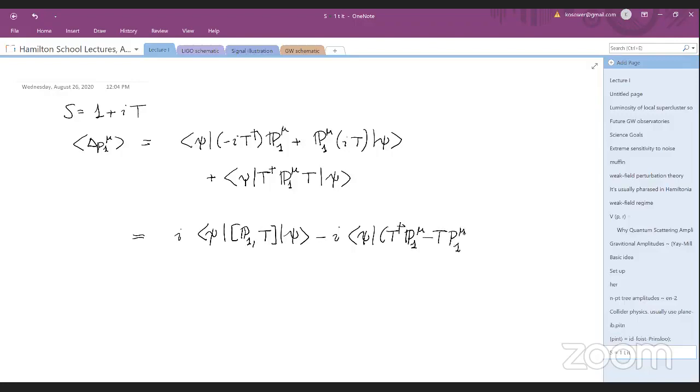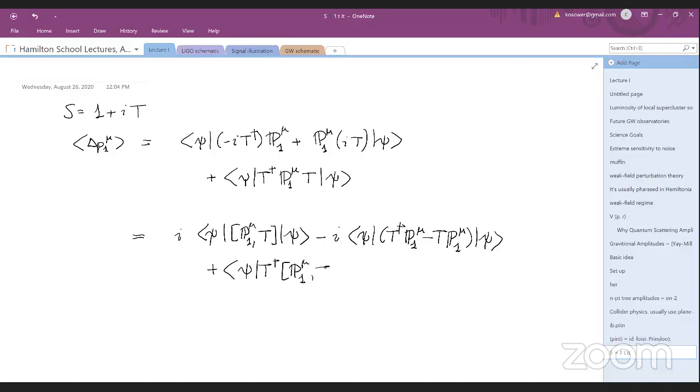So the commutator has allowed us to shift the momentum evaluation to the same side. We still have our square term, but we can introduce a commutator there as well. And I guess I'm also dropping the mu's here.